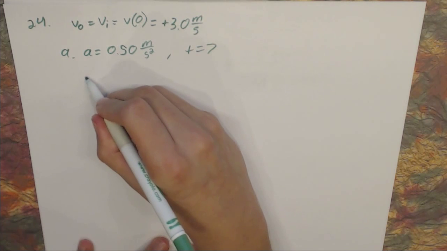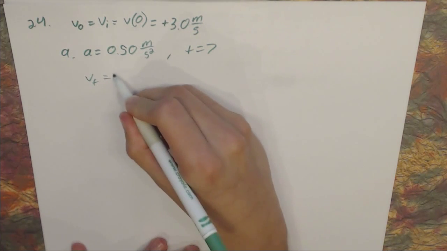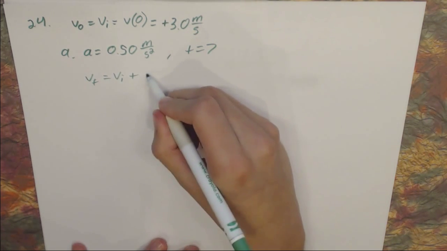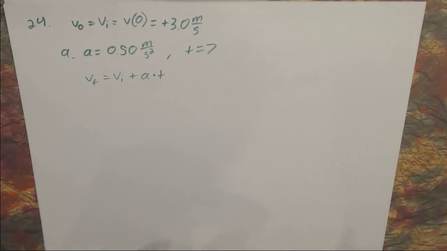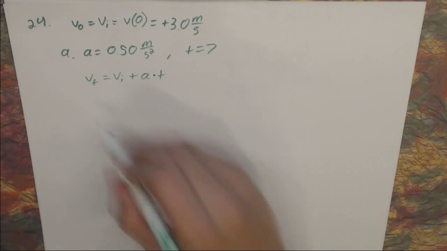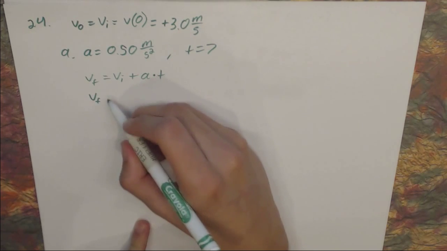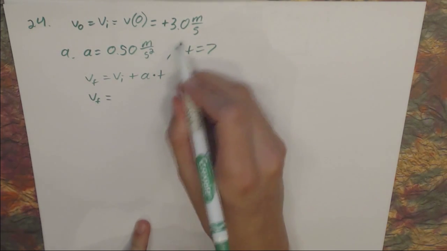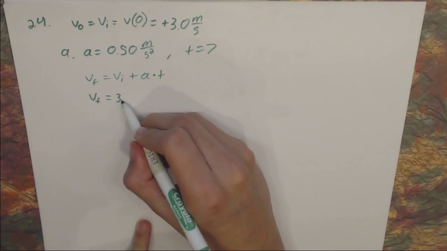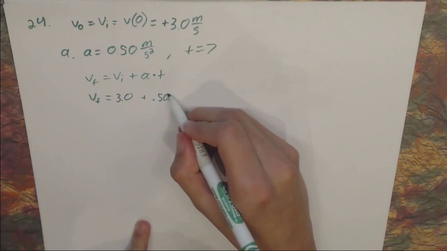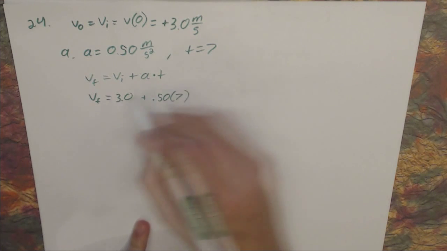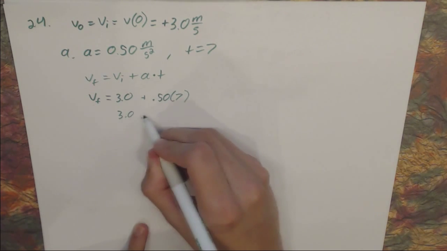So we're going to use the equation v final equals v initial plus acceleration times time. So we want to find v final, so that's what we're looking for. Our v initial is given up here. It's 3.0 meters per second. Our acceleration is 0.50, and our time is 7 seconds. So we just multiply it out, add it together.